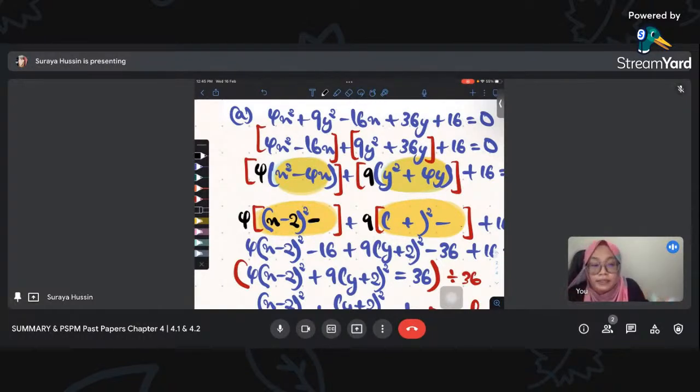CTS, completing the square mesti minus. Minus 2 square. Okay. Kalau saya dah biasa buat, jadi saya tak buat 2 square already. I do 4, sebab I know where this 4 is coming from. The 4 is coming from 2 square. Where is this coming from? It's coming from number 2 there. Number 2 over there is being squared again.